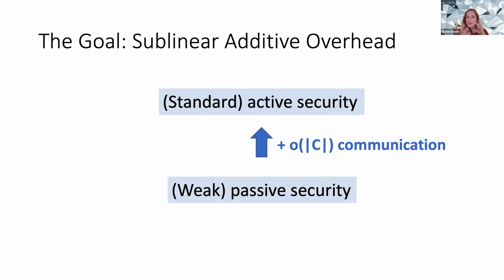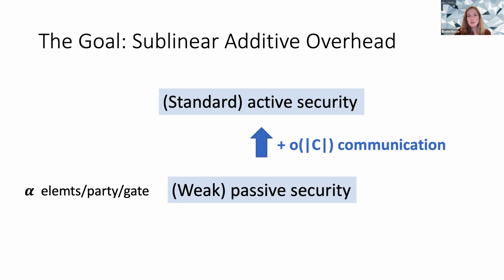Okay, so now combining everything together, the goal of this work, or this collection of works, is to perform this passive to active security compilation with sublinear additive overhead in the communication. Here, sublinear, I'm thinking of the leading term as the circuit size representation of the function to be computed.